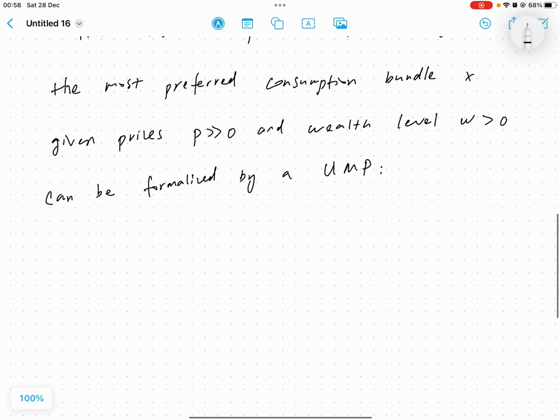So this would be a maximization problem by choosing some x. This x cannot be negative. You have to consume zero or a positive amount of some good. And the objective is this u(x), this utility function, subject to, so this P is a vector, and we take the inner product with x, which is also a vector, and the total amount of money cannot exceed your budget or your wealth, which is W as a scalar.